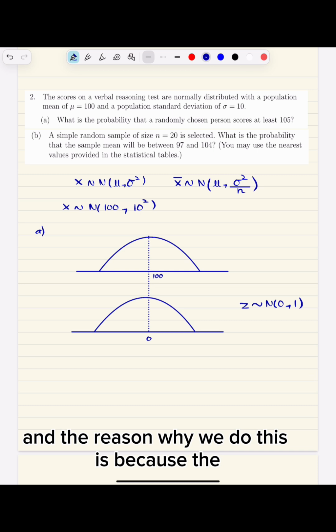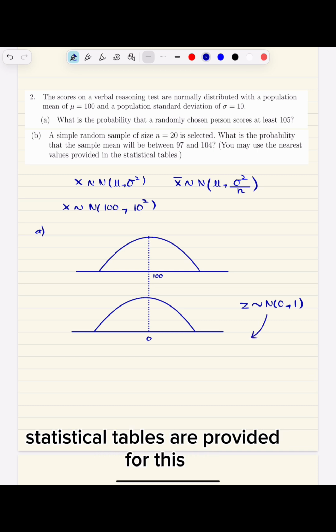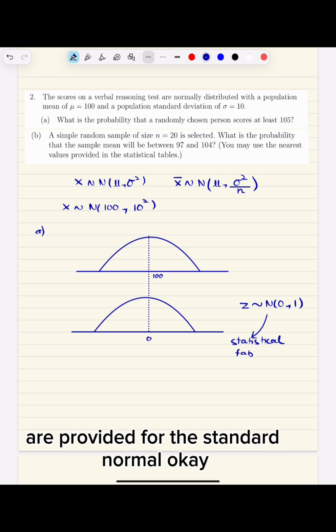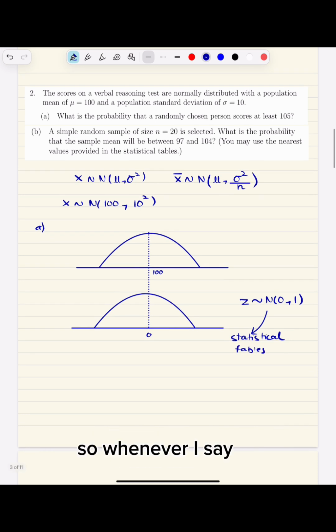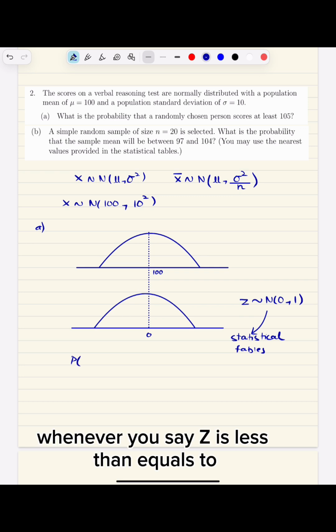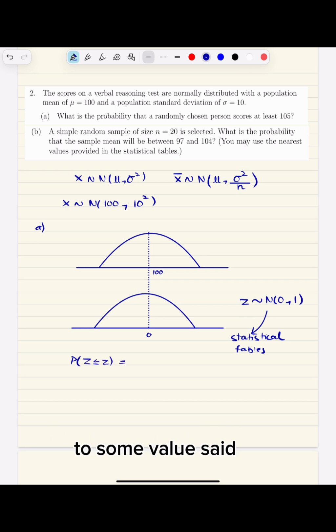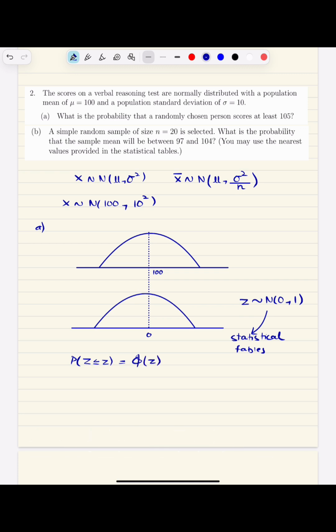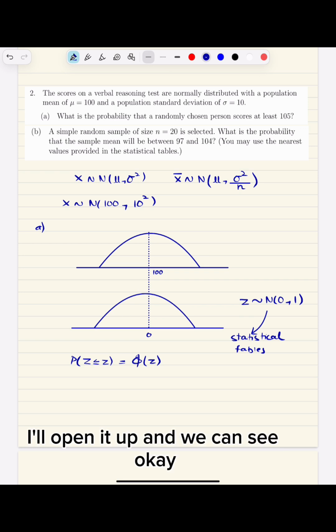The reason we do this is because the statistical tables are provided for the standard normal. Whenever we say Z is less than or equal to some value z, the probability is given in the statistical table. I think it was table 4. I'll open it up and we can see.